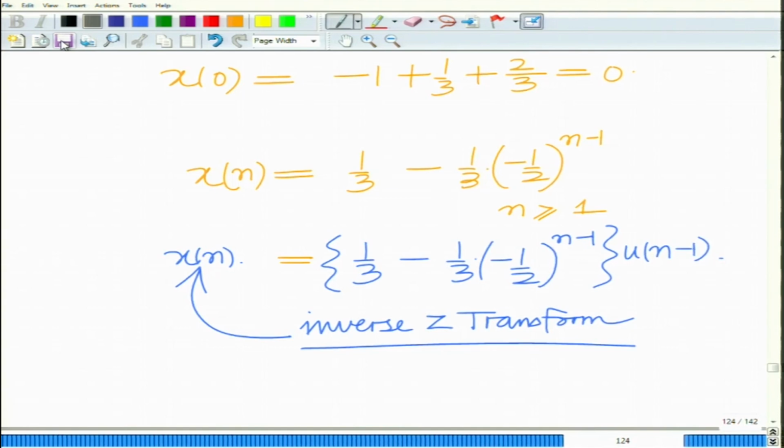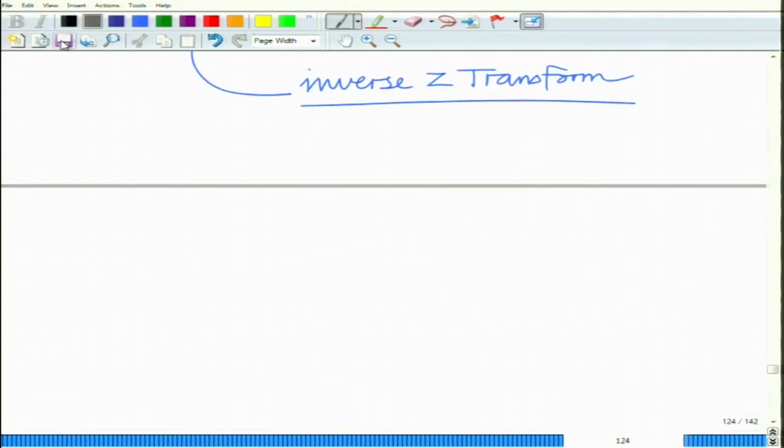Okay. Let us now look at another simple example again. Example number 2.